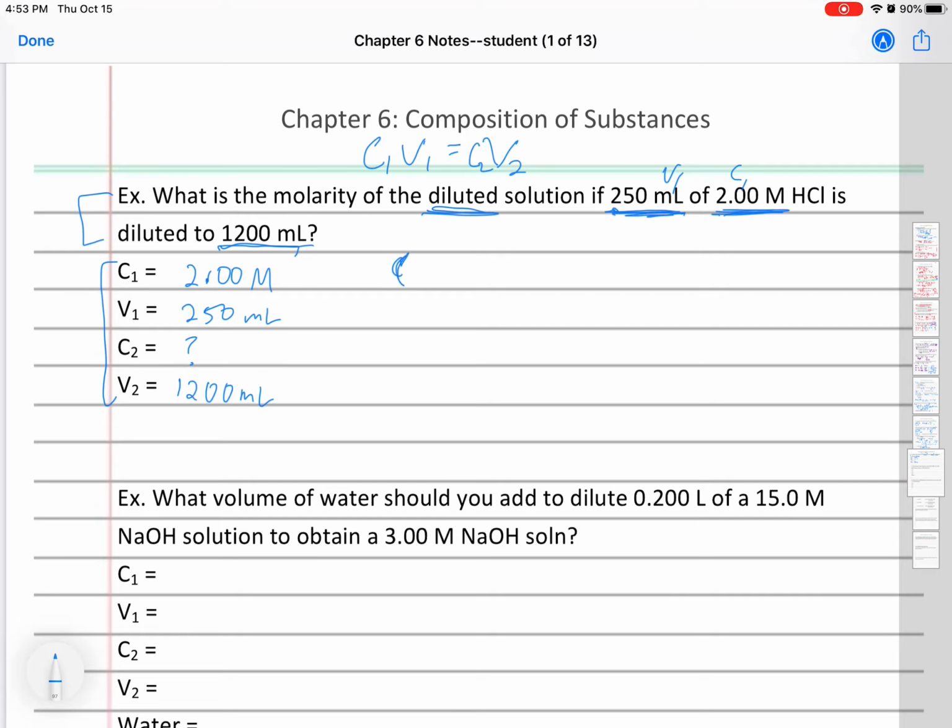So C1V1, 2.00 molar times 250 milliliters equals C2, that's our mystery variable, times V2, 1200 milliliters. So to solve for C2, I need to divide both sides by 1200 milliliters.